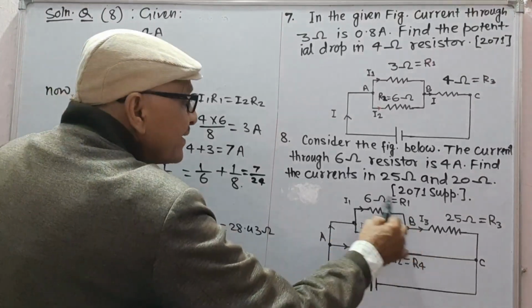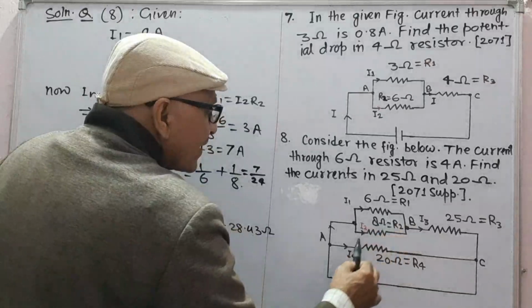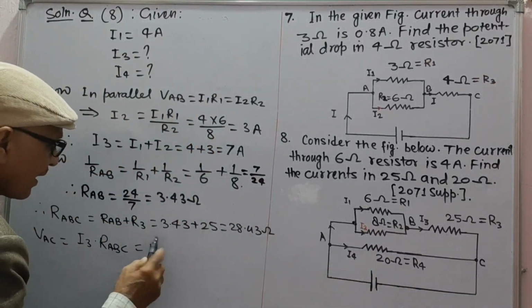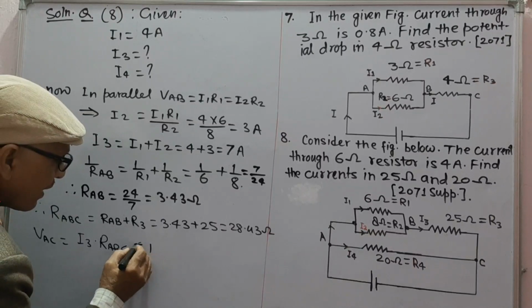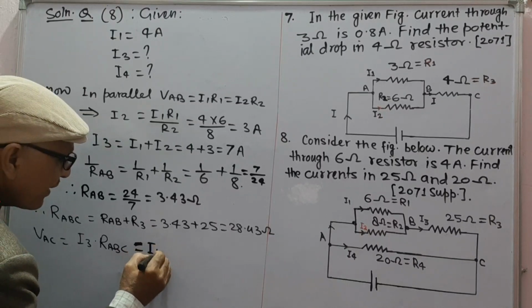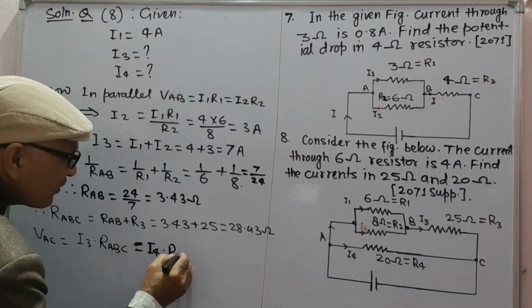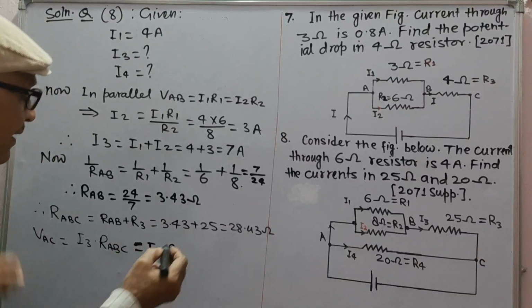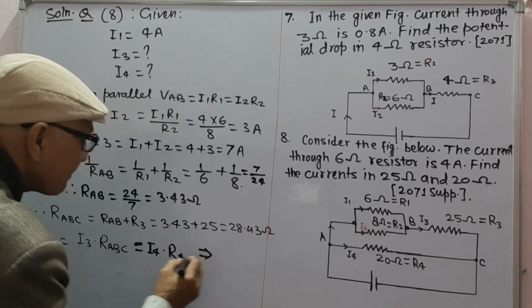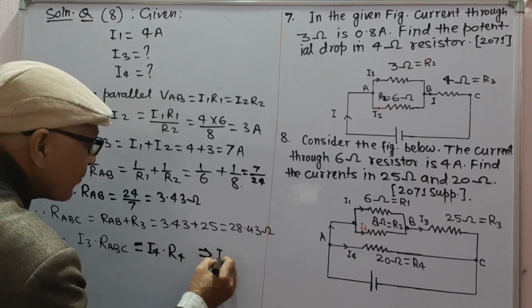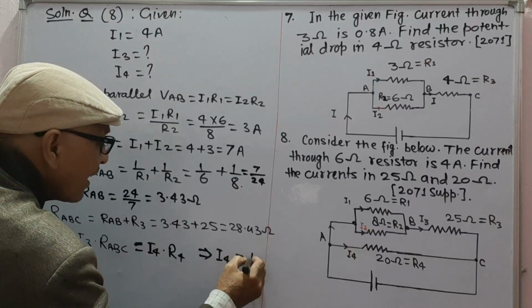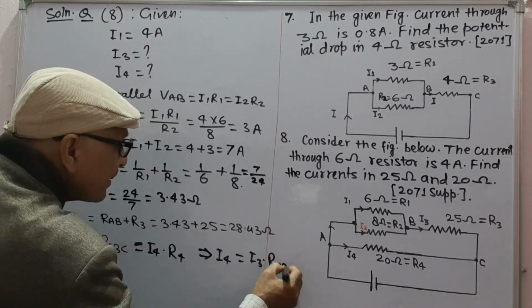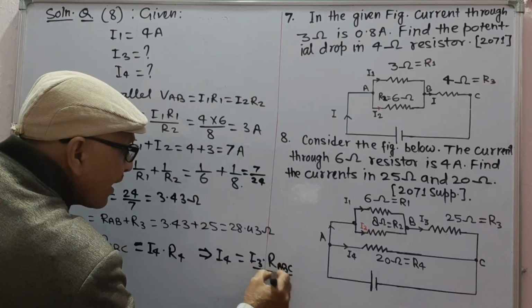This current I3 into this resistance is equal to I4 into R4, which gives I4 as I3 into RABC upon R4.